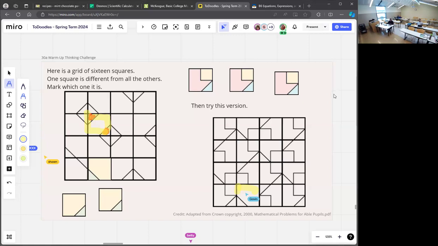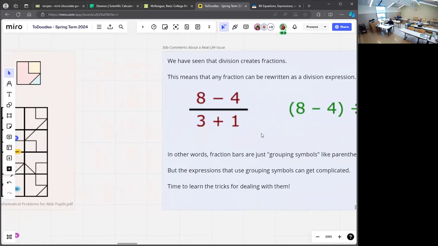It's not letting me with my mouse down past that. But for now, I'll just go with this. Okay. Moving on, good warm-up.